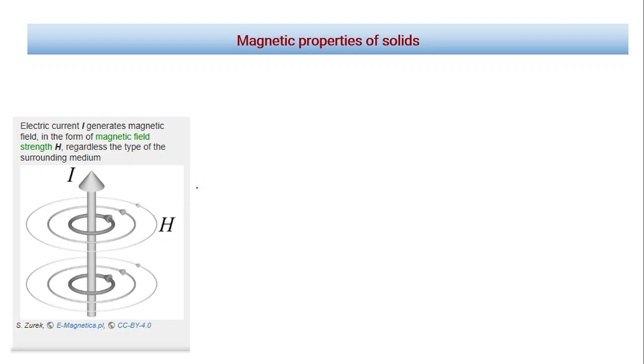And this field, we have two terminologies in magnetism. One we say B, which is also sometimes used to denote magnetic field, and sometimes we use the letter H for the same.